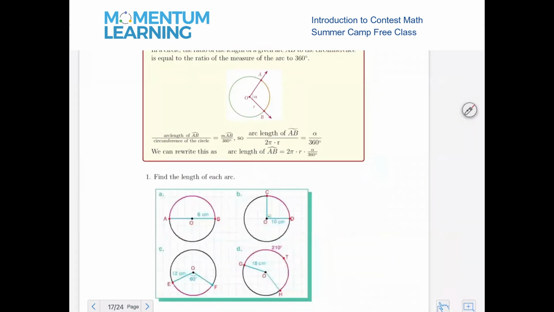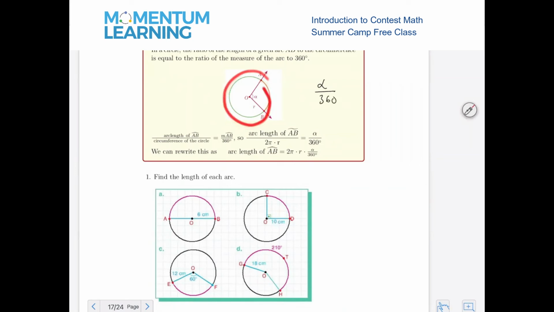Okay. Remember we talked about the arc length. We can measure an arc two ways, a degree measure and a length measure. This is why we also need to learn about angles, because to find the length of an arc, we need that angle. So remember, this is a ratio, right? The whole circle is 360 degrees, and its measure is the perimeter. So we can find the ratio alpha to 360, looking just at this region, not the whole one.